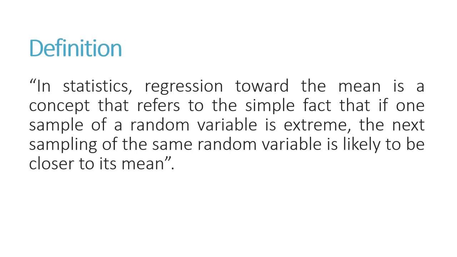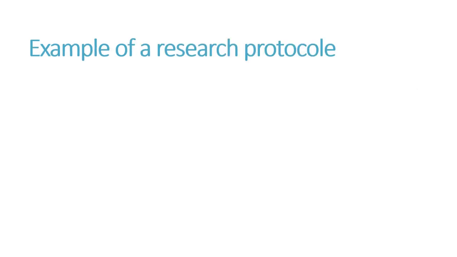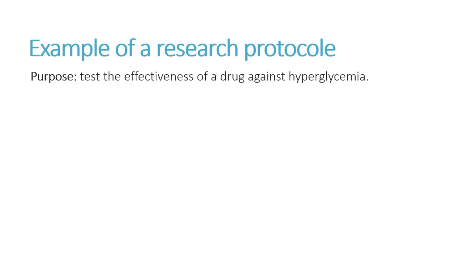I use blood glucose as an example, but you could use other examples. Alright, so let's look at this fictive research protocol. It's not a real protocol. Let's assume that the purpose of our study is to test the efficacy or the effectiveness of a drug against hyperglycemia.